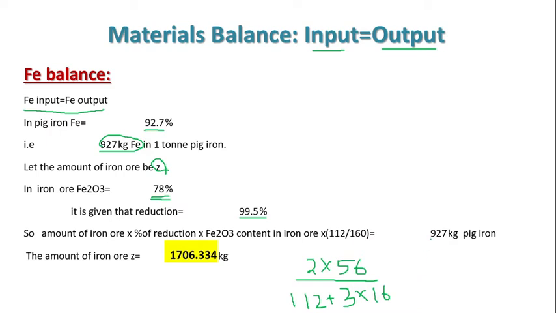So that will be the equation, and from that we can calculate the value of Z. It will give us 1706.334 kg of ore required for production of 1 ton of pig iron in the provided condition.